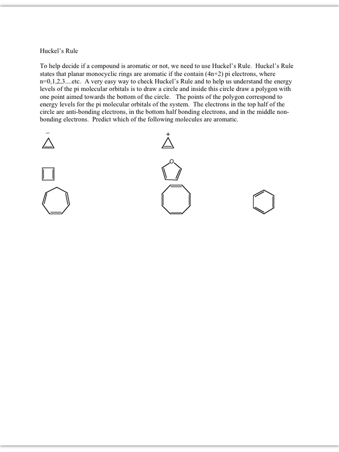So when we look at the cyclopropenyl anion, we have 4 pi electrons. So if we put 4n plus 2 equals 4, subtract 2 from both sides, n equals a half. That is not a small whole number.